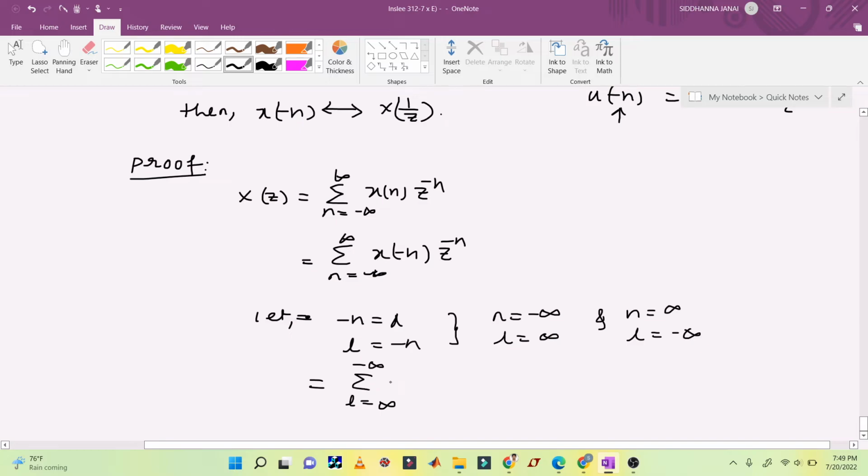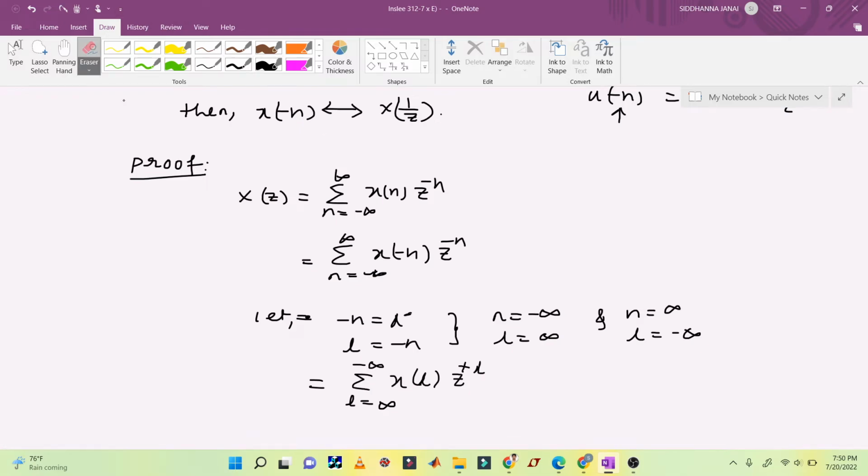So this is not going to make any changes, because summing from plus infinity to minus infinity or from minus infinity to plus infinity will not change any answer or the result. Okay, now I can write this as x of L, whereas this one as z to the power plus L. Minus n is replaced by what? L. x of L, z power L.